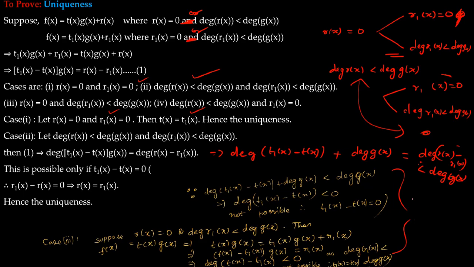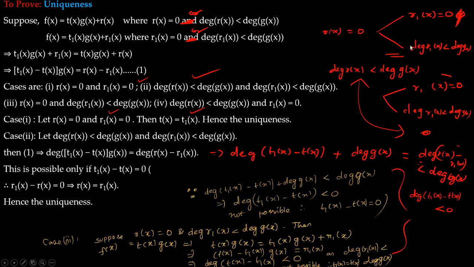So which means you have degree of t1 of x minus t of x to be a negative number, but we know that degree is always greater than or equal to 0. In order to have this to be true, there is no other go. We must have t1 of x minus t of x to be 0. When t1 of x minus t of x is 0, automatically r of x must be equal to r1 of x. So even in this case, uniqueness follows.